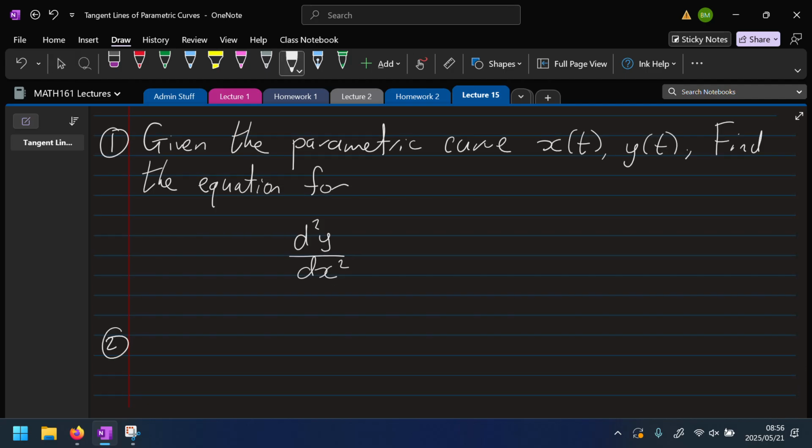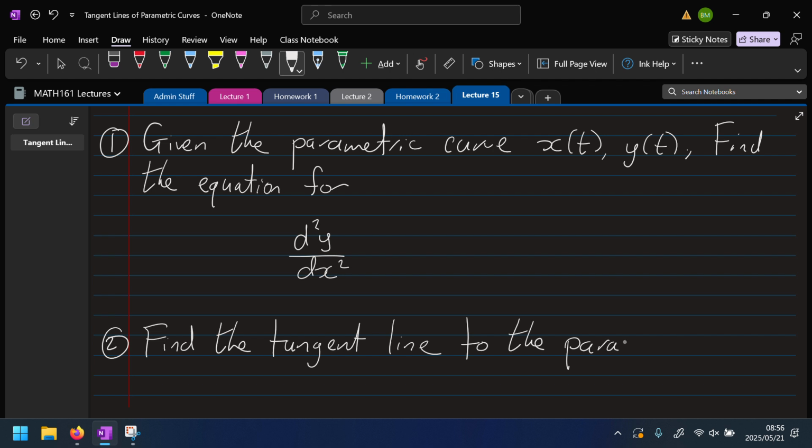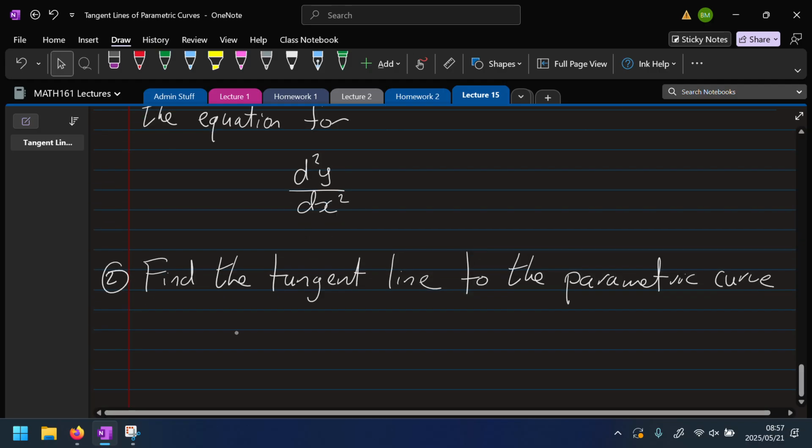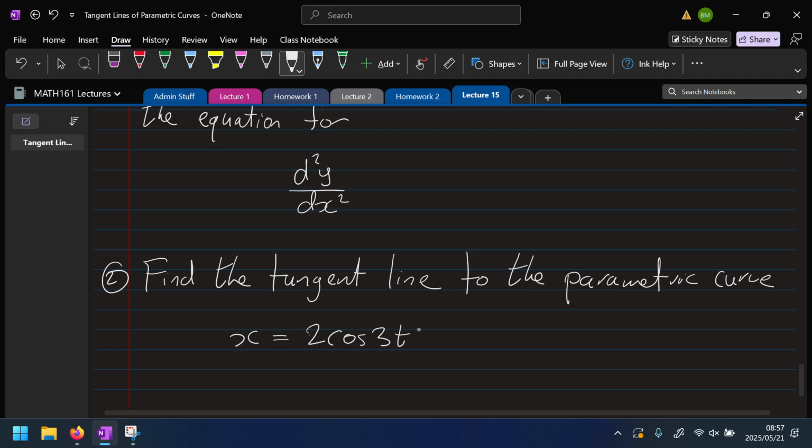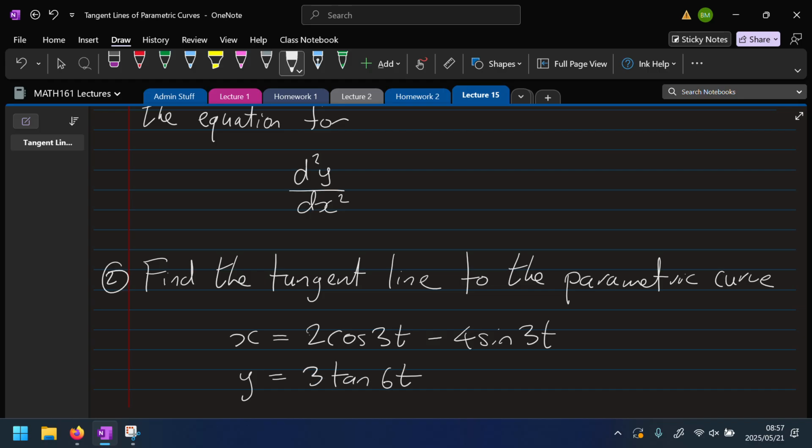And then number 2, find the tangent line to the parametric curve. We have x is equal to 2 cos 3t minus 4 sine 3t, and y is equal to 3 tan 6t.